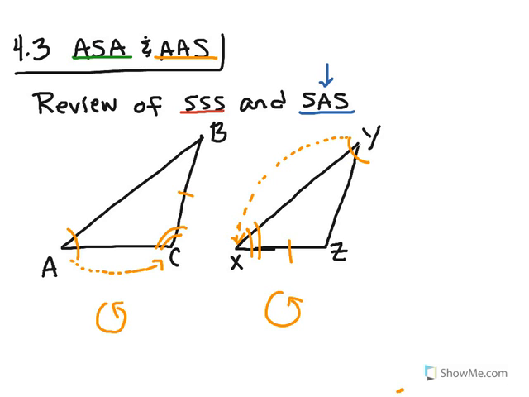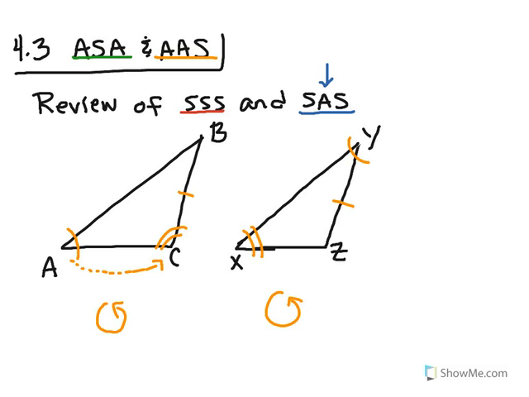Let's take a look at that. Okay, so let's say I start with angle Y again in triangle XYZ, and I do this angle, and then I do X, and then I say this side over here. Once again, this is not correct with the direction that I chose.